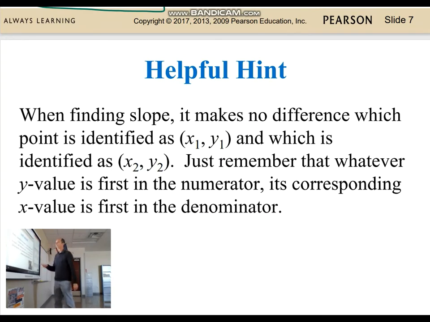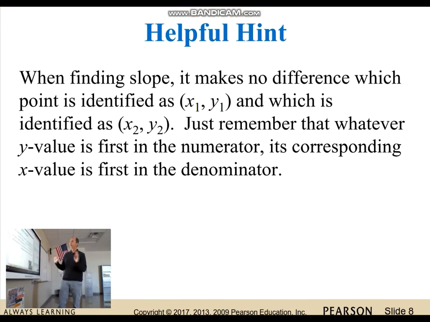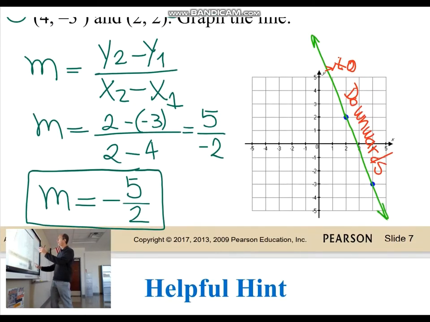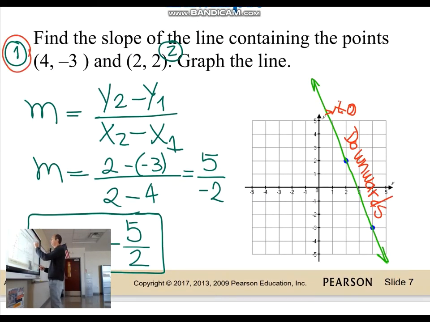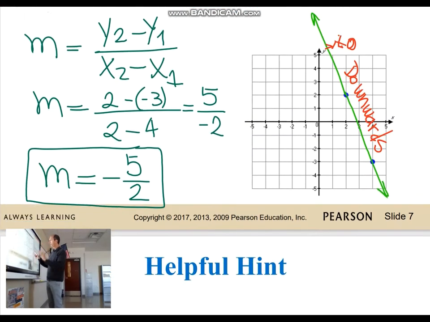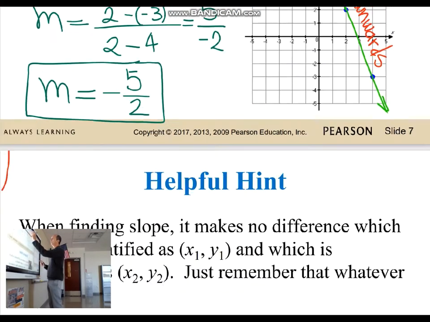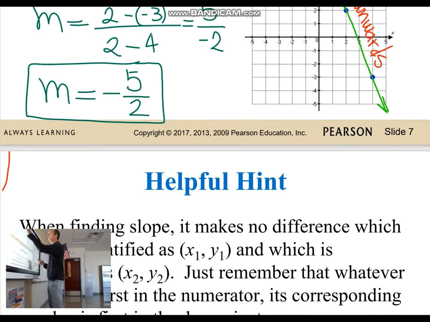Helpful hints. When finding the slope, it makes no difference which point is identified as point 1 and which point is identified as point 2. See here, we assumed this as point 1, this as point 2. We can switch, we can use either one. Doesn't matter. At the end, the answer is going to be the same.